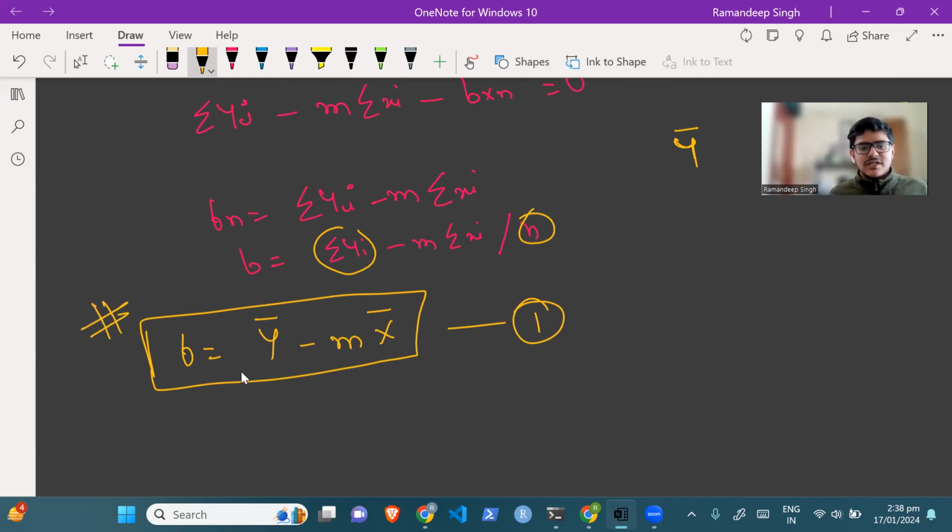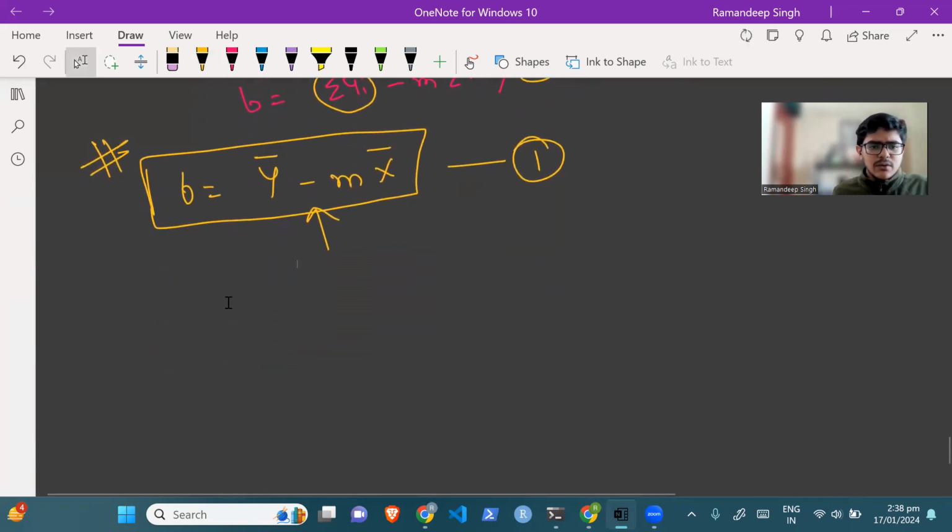This is my first result: when I want to minimize my error function, I have to put b equal to this value so that my error function is minimized.